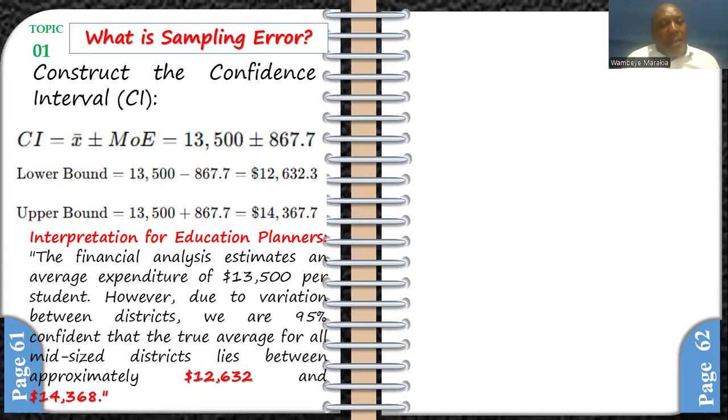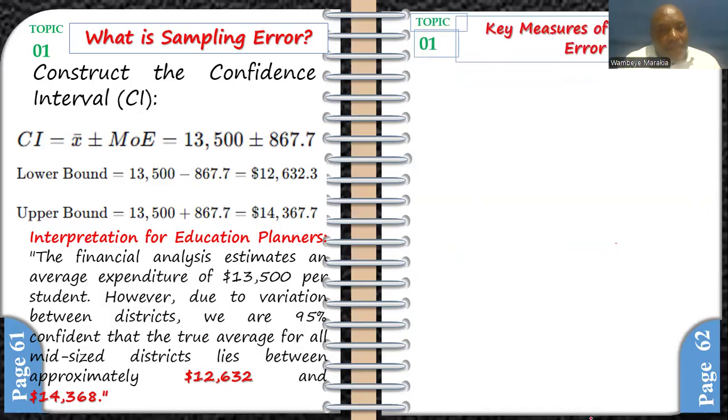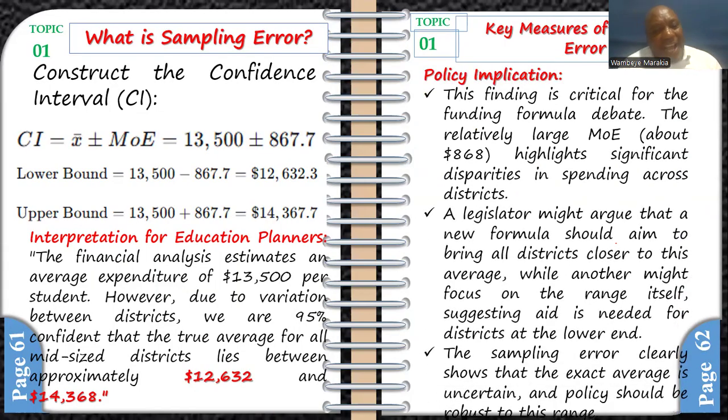However, due to variation between the districts, we are 95% confident that the mean for mid-sized districts lies between 12,632 and 14,368.